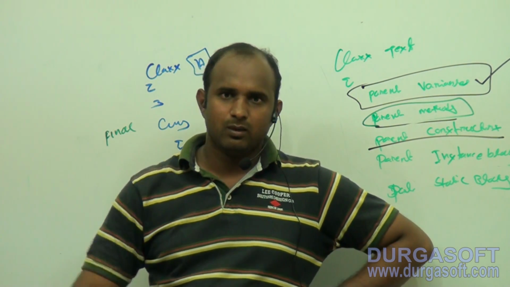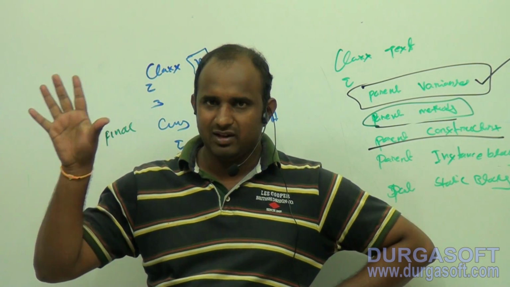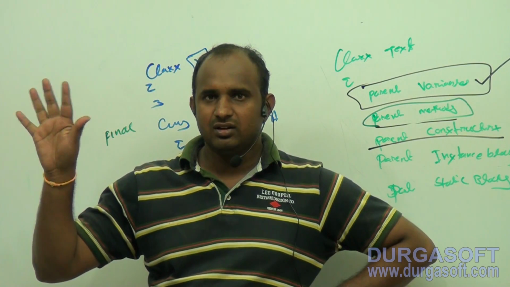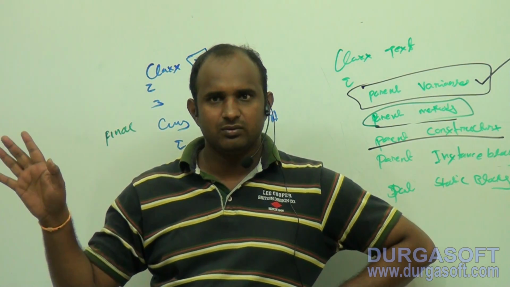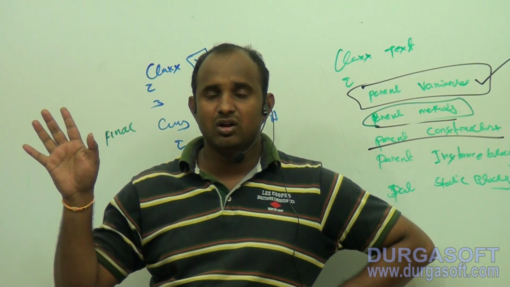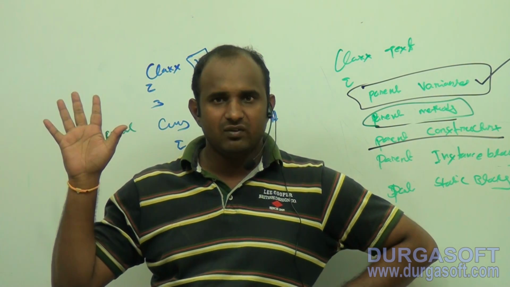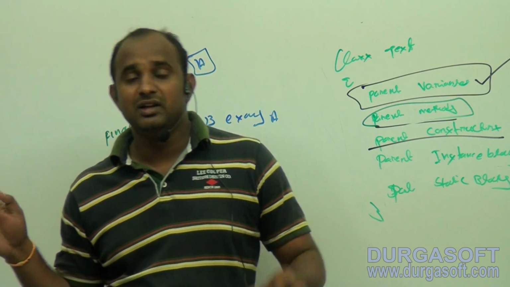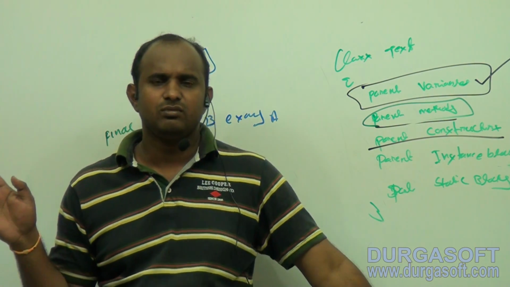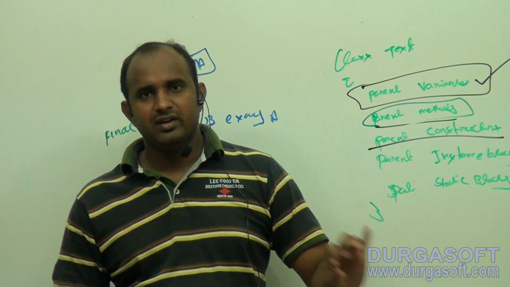Example number 5: in any constructor, either zero argument or parameterized, if you are not writing this keyword or super keyword, then the compiler generates the super keyword at the first line of the constructor. And the compiler generated this keyword always calls how many argument constructor? Zero argument constructor.